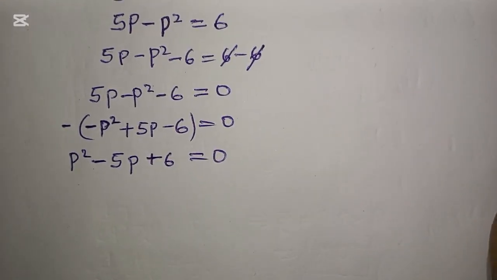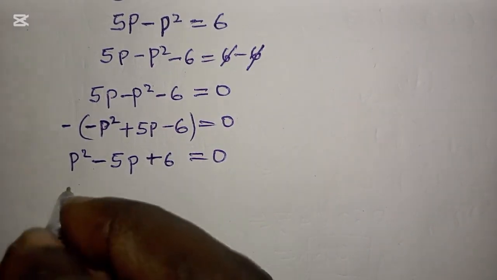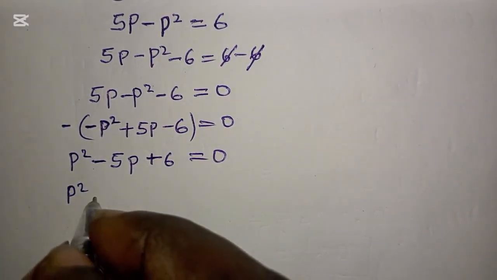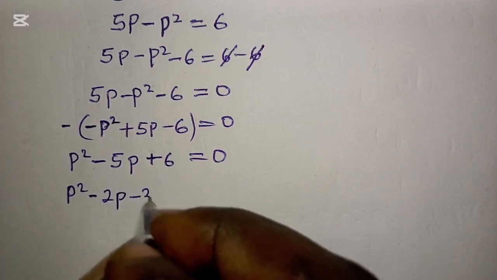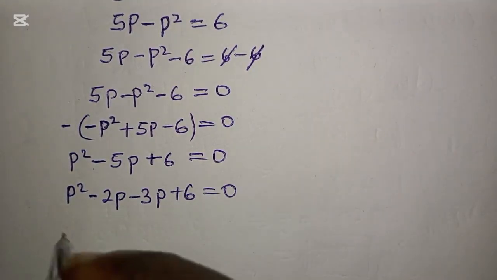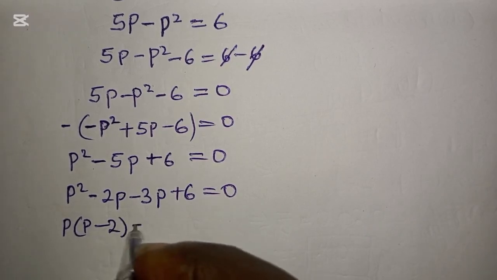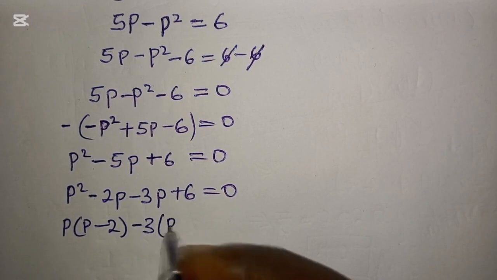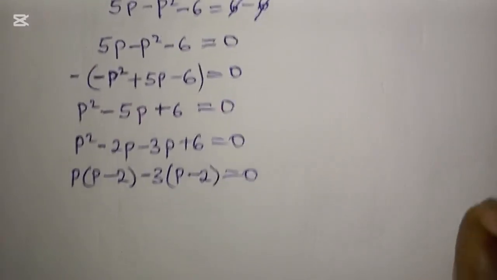So if you solve by factorization method, we are going to have p squared minus 2p minus 3p plus 6 equals 0. So something is common here, that's p into p minus 2. Something is also common here, that's minus 3 into p minus 2 equals 0.